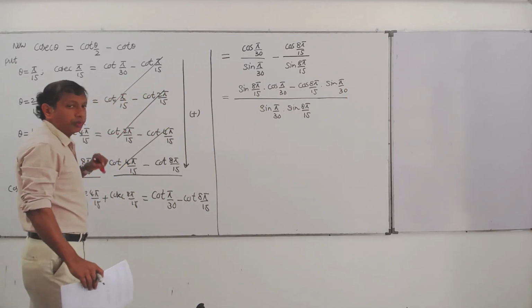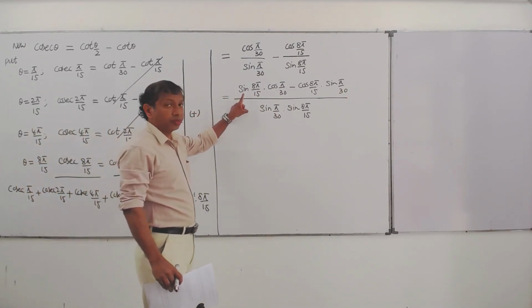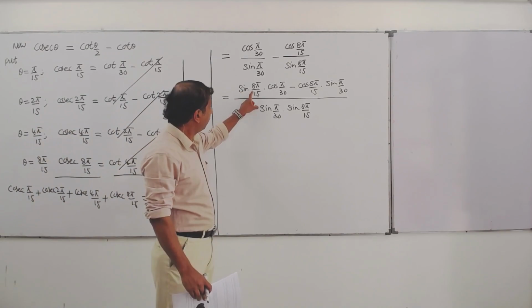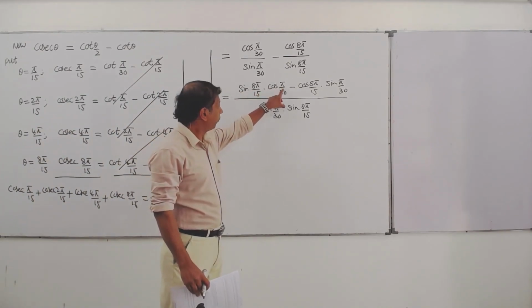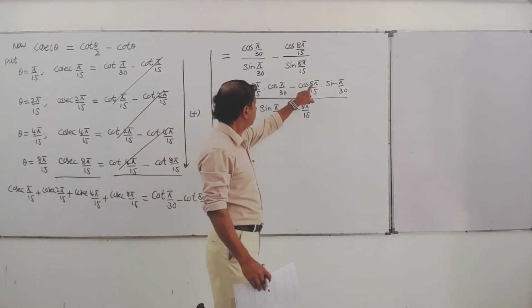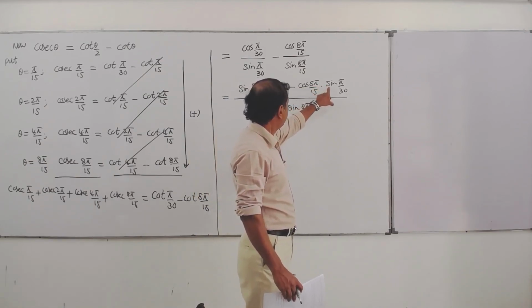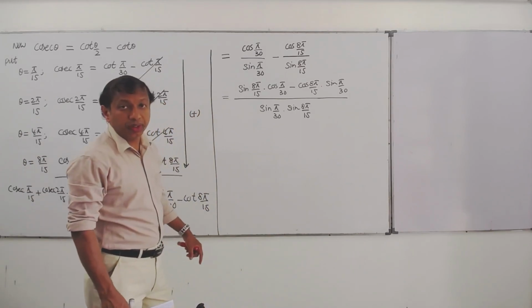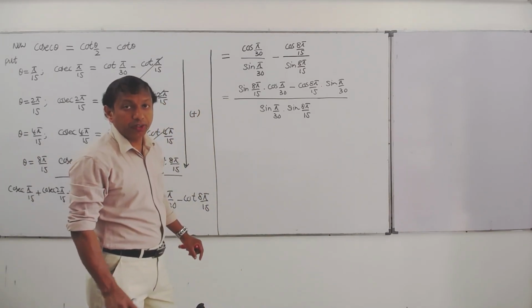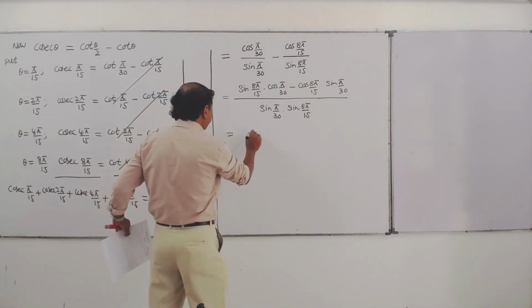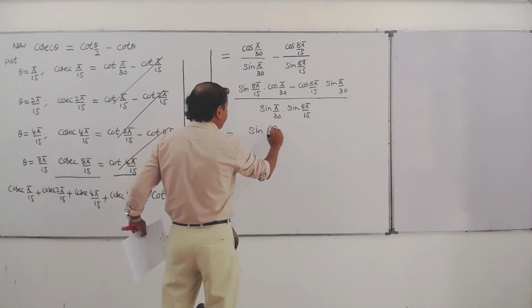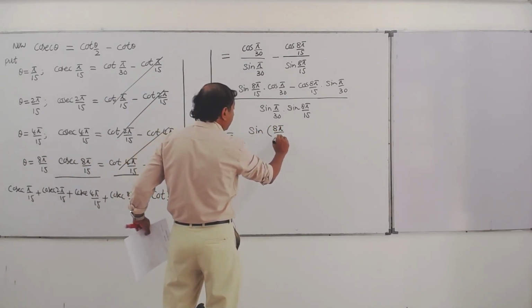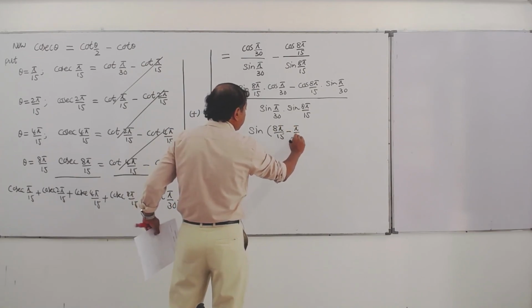Then see, people, in the left numerator it is of the form sin A cos B minus cos A sin B. It is sin (A minus B). So then I can write the numerator as sin (8 pi by 15 minus pi by 30).